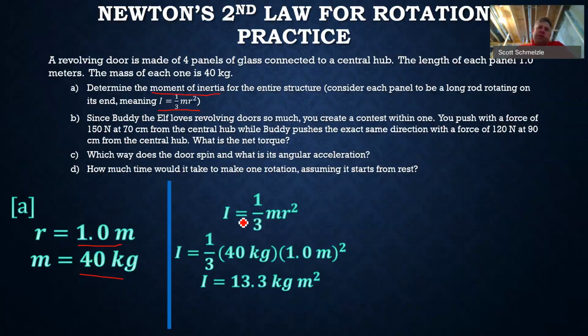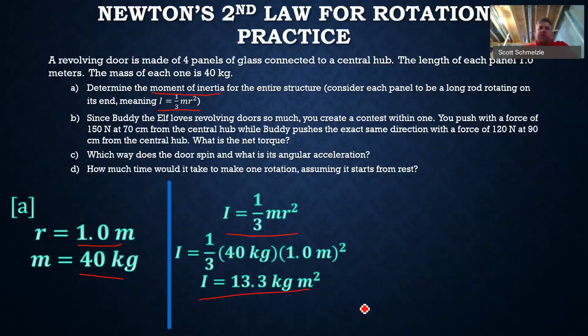So we plug that into our equation, since we are using the moment of inertia for rotating around the end. And we end up finding that this is 13.3 kilogram meter squared. That's for one of our panels.